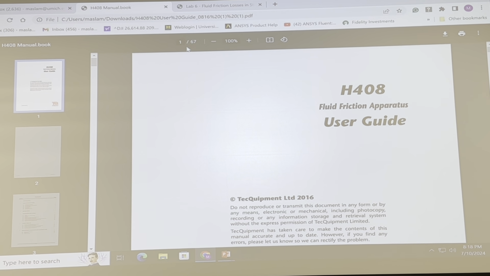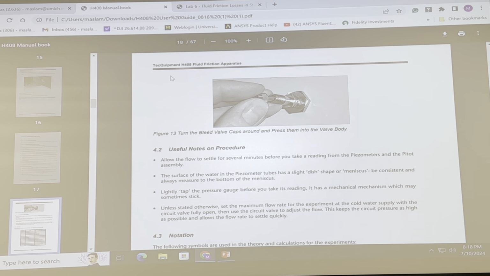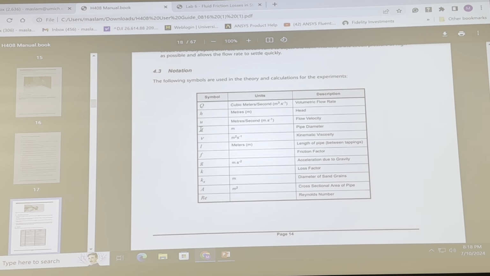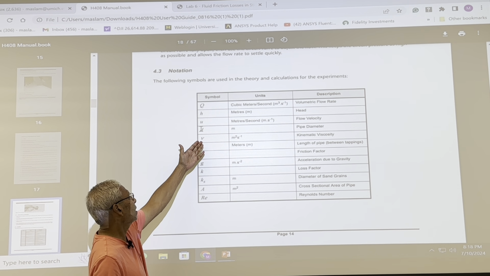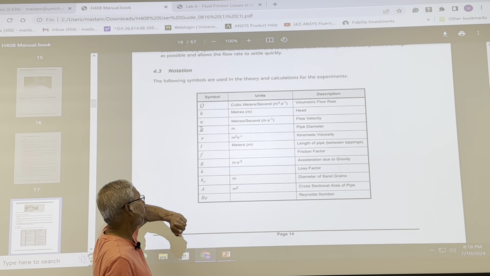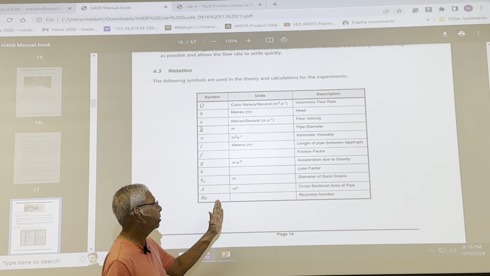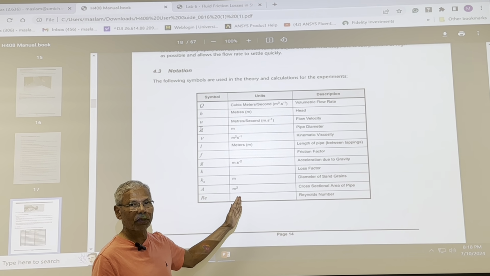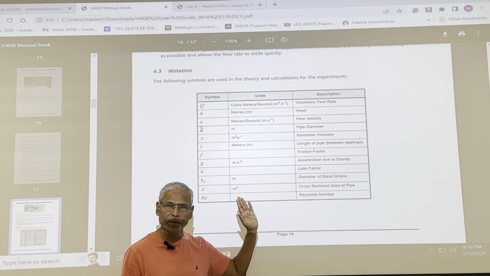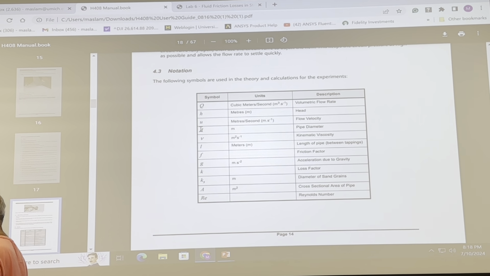If I type in the page number here, 18, it takes you to this point, and somewhere here is the notation showing you all the variables you will be covering: the kinematic viscosity, flow volume, Reynolds number, all the variables you will be encountering. I want you to know the units. If the units are messed up, you will have problems. So these are the units I want you to use in your experiments when you're collecting the data and also when analyzing the data.